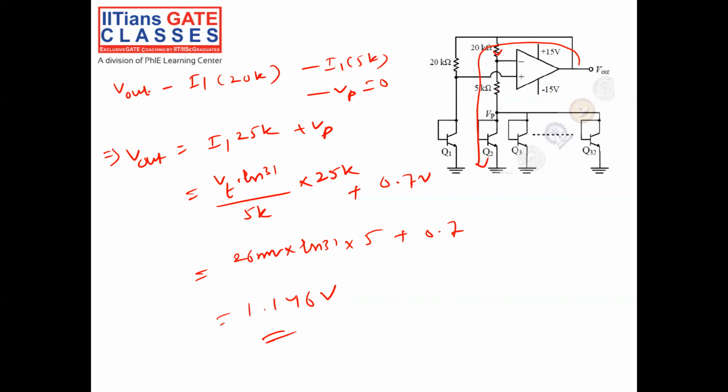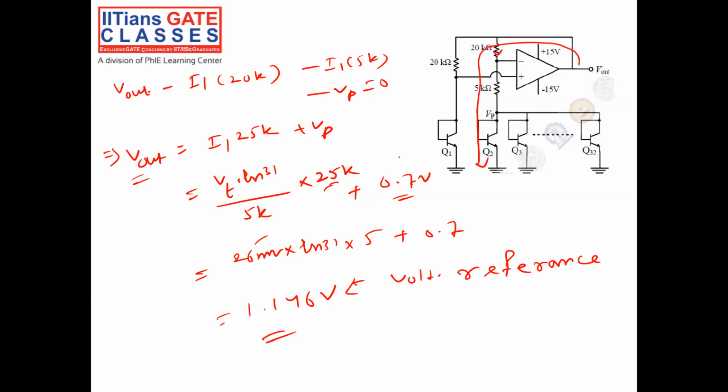So it is called a voltage reference. And you could see the output here is not depending upon my supply voltage of 15 volt and minus 15 volt. In the output equation, the output depends only on the ratio between the 25K and 5K resistors and the VB.